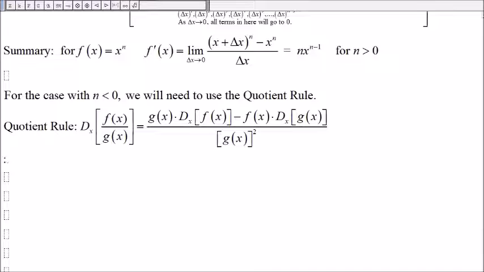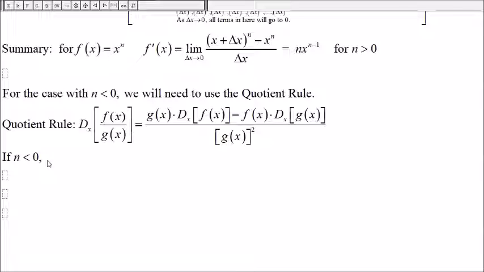And so if n is negative, then negative n is positive. So now what we're going to do is let m be negative n, which is greater than 0. And which also means that n is equal to negative m.